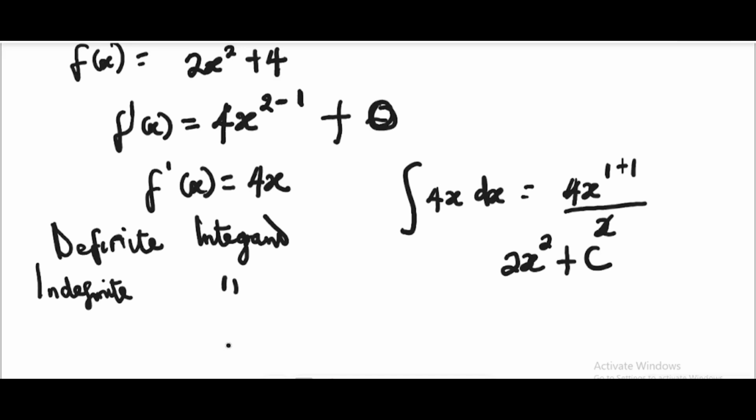Or if it is the case of x and y values being given, when you are done integrating, you substitute the values of x and y and then find your c. So when you find your c, you replace your c. That means, oh, I have known my value, or my integral value, as the case may be. Do we understand? Okay, so that is basically the difference between definite integrals and indefinite integrals.